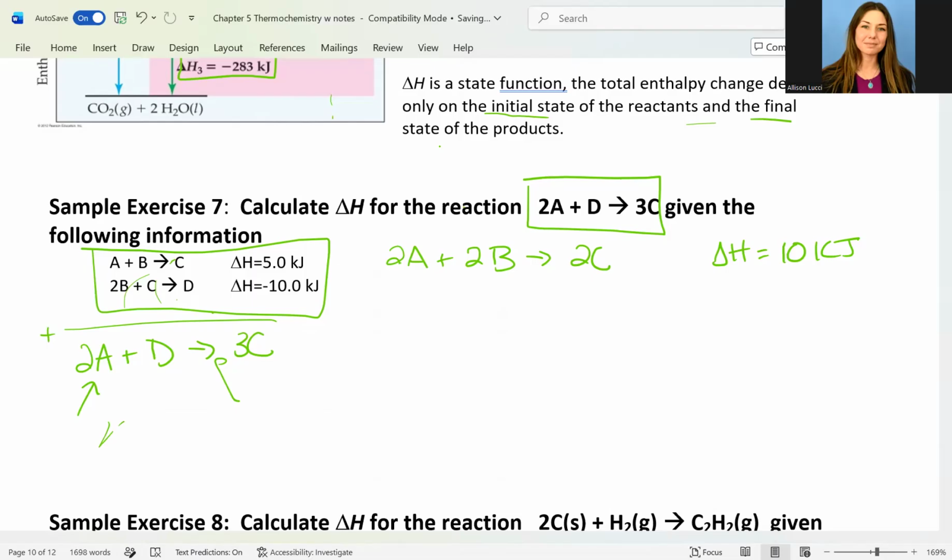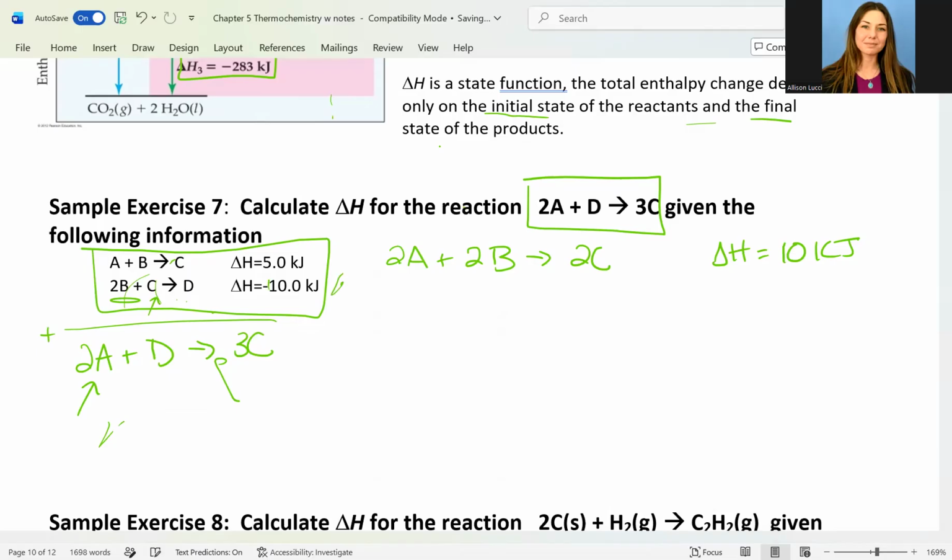So then with the next reaction, I need 2B to cancel out on the other side. I need C here to add to the C on the product side. So I'm going to flip this reaction.